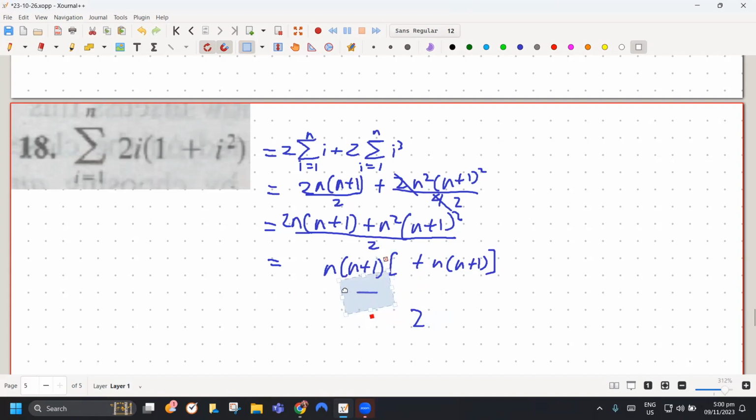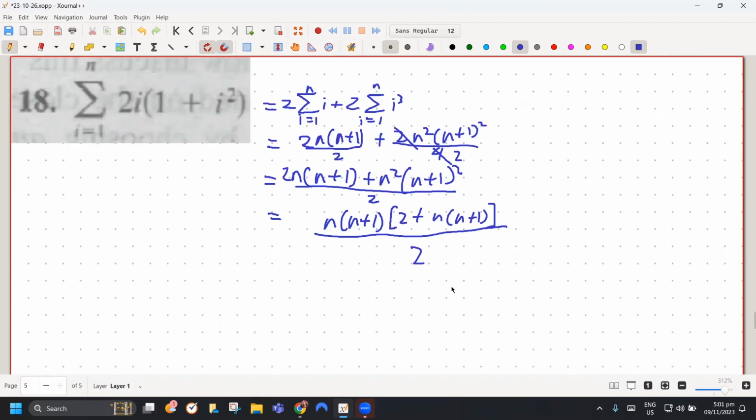May eraser tool naman, di ba? Kailangan nyo to be arranged na. So 2 plus n times n plus 1. Yun na yun.